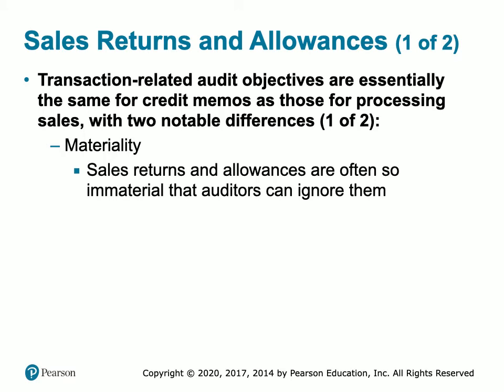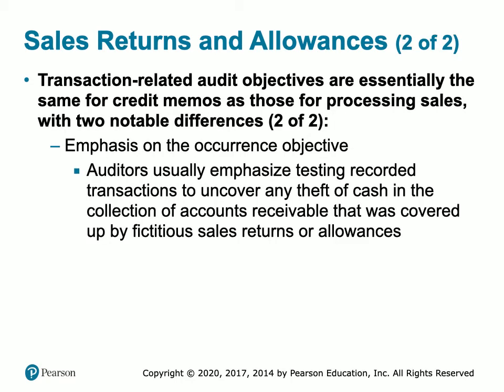When you look at a company like Casper, the mattress company, they have a fairly high level of returns and concessions, and therefore sales returns and allowances is material to them because it's an acceptable part of doing business for them. The transaction-related audit objectives for credit memos are those for processing sales, except your objective is different, right? You should have relatively the same transaction flows in reverse for sales returns and allowances.